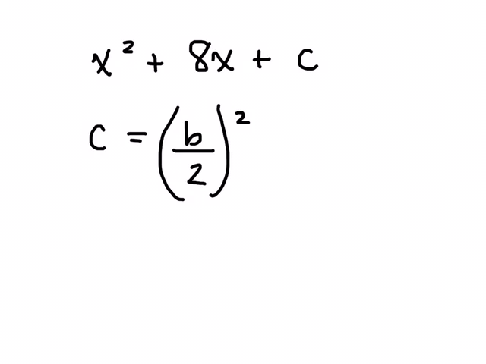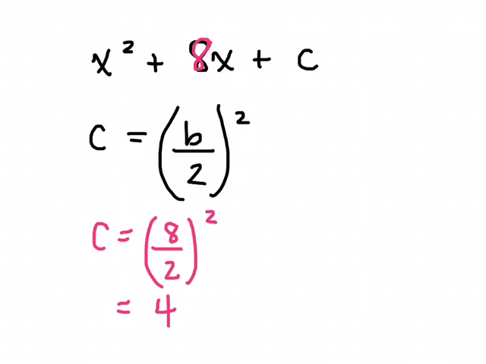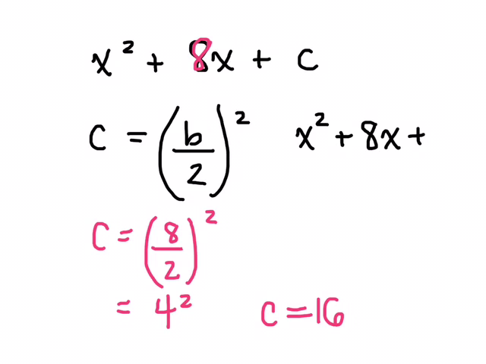So let's do this one. c is equal to, what's b? 8 divided by 2, squared. What's 8 divided by 2? What's 4 squared? So c equals 16. So this perfect square trinomial would be x squared plus 8x plus 16.